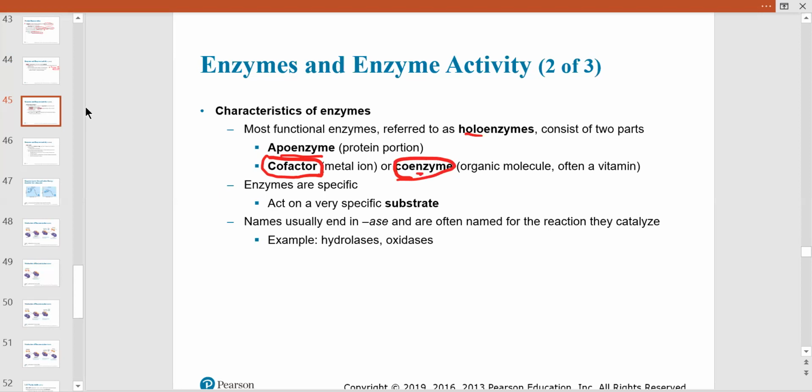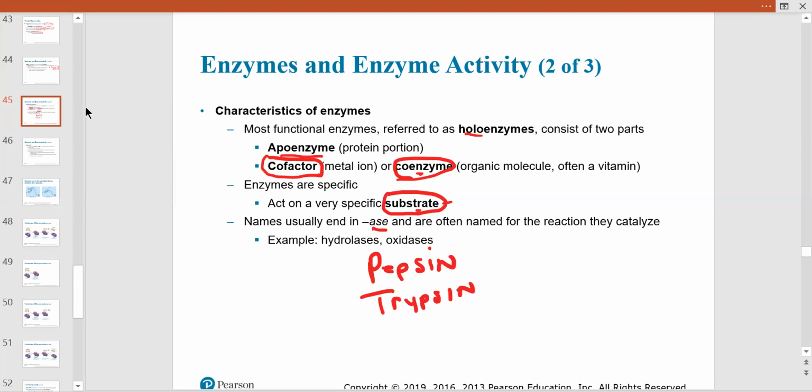You should know what a substrate is because the enzyme acts on the substrate, and the substrate and the enzyme are specific for each other. Like lactose is the substrate for the enzyme lactase. That's the best example for you. Usually it ends in ase, but not always. Like there's an enzyme in your stomach called pepsin, and there's an enzyme from your pancreas called trypsin.